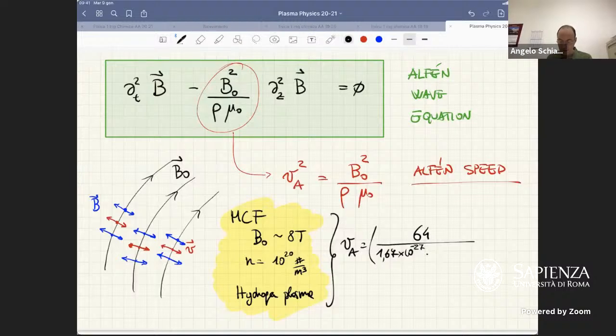Then the mass of the proton times the number of protons per cubic meter, so 10 to the 20th. Then for the vacuum permeability, you know, that is defined as an exact number, 4 pi times 10 to the minus 7. And we have to take the square root of this bracket.